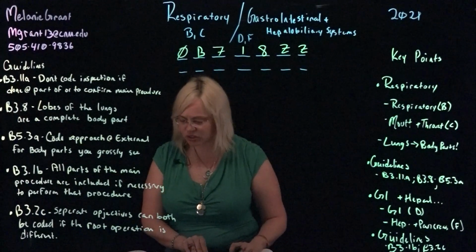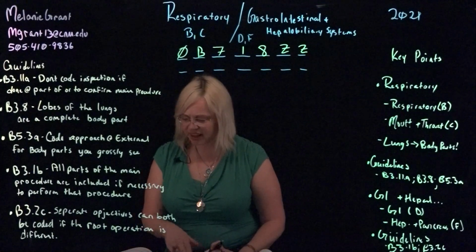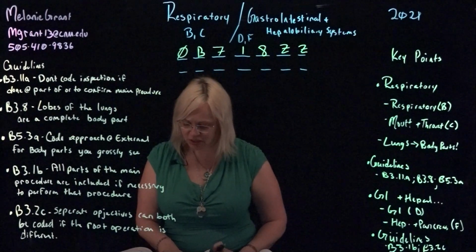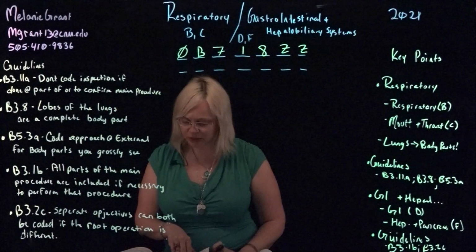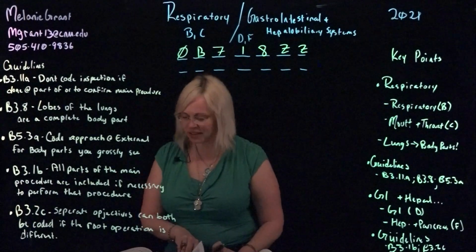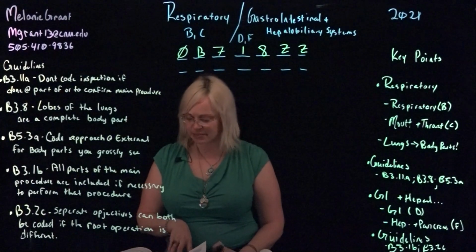Last but not least are procedures that are done to the perineum. And you have a figure, 12.5 on page 259, that shows you some of the different areas that are included here. And so sometimes you will have some of the procedures done within the gastrointestinal system that may in fact go into other areas.